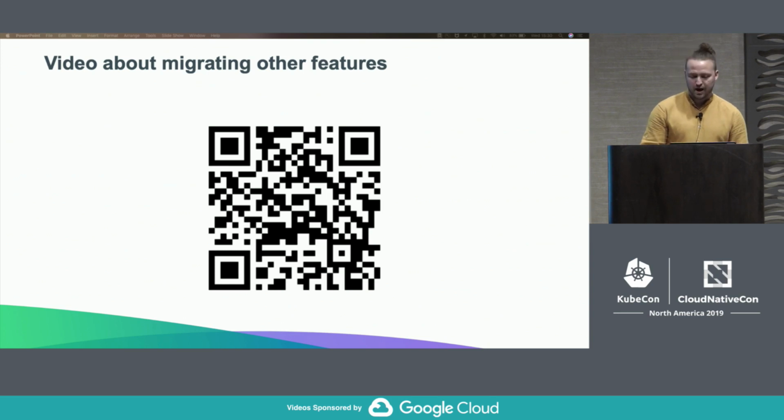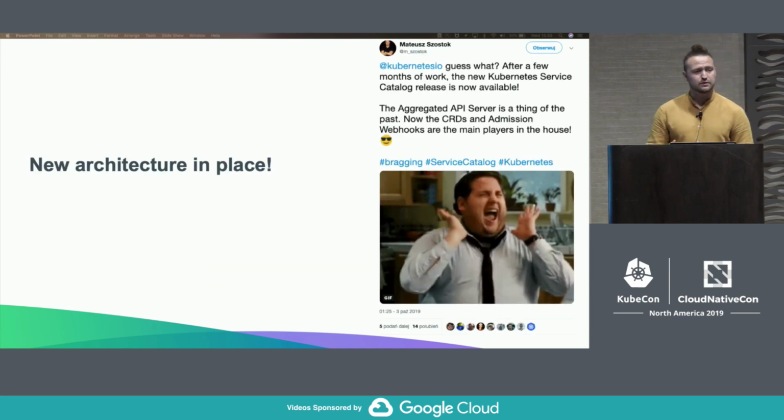And now let's go back to what we have already achieved. Exactly on the 3rd of October, we cut the first beta release. The purpose of the beta release is to get feedback from the community, as well as give you a chance to test Service Catalog in stage environments before 0.3 is officially released.